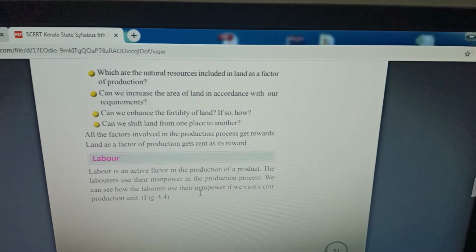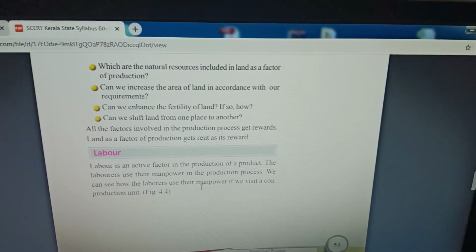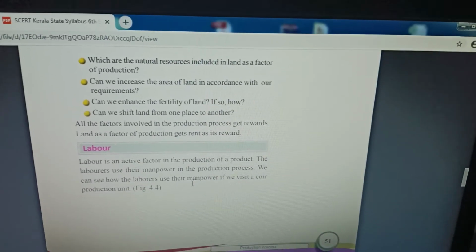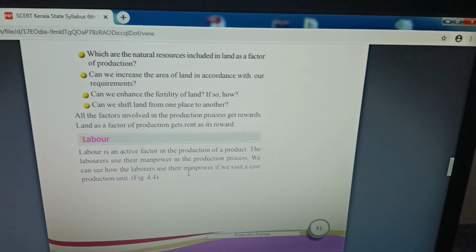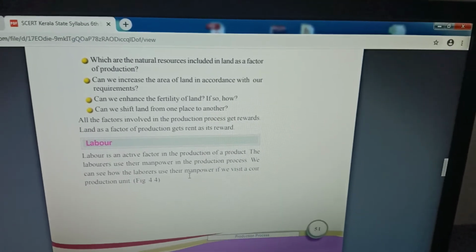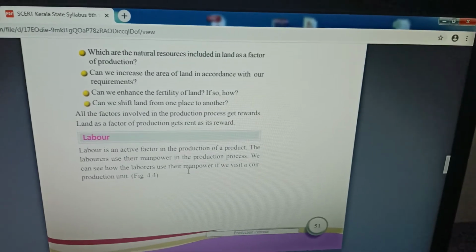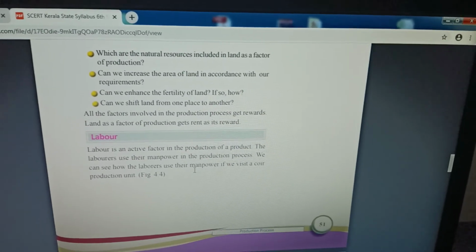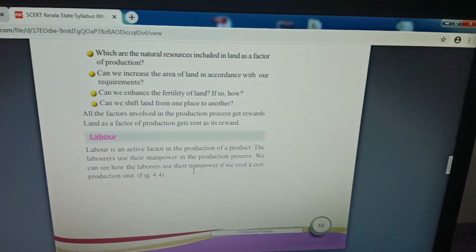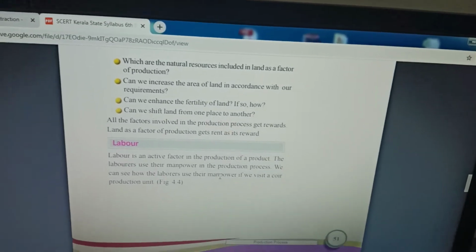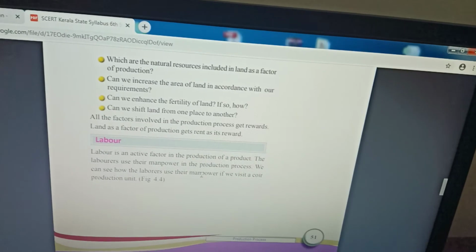Second question. Can we increase the area of land in accordance with our requirement? Is it possible? Can we increase? No. The total availability of land is fixed, so that we cannot change the total quantity. But we can increase the use of land for a purpose.